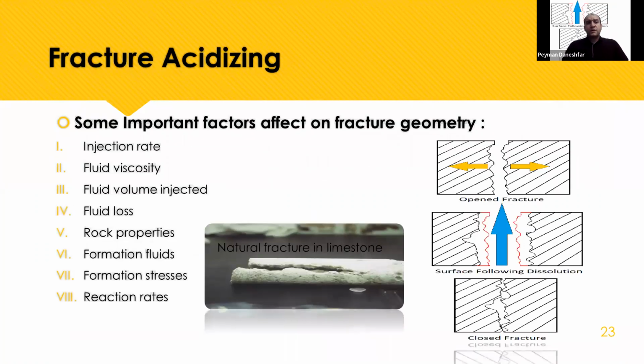Some parameters are also important for creating the fracture in our formation, regarding the geometry of the fracture. Which of them are important? Injection rate, fluid viscosity, fluid volume injected, fluid loss, rock properties, formation fluids, formation stresses, and the reaction rates.